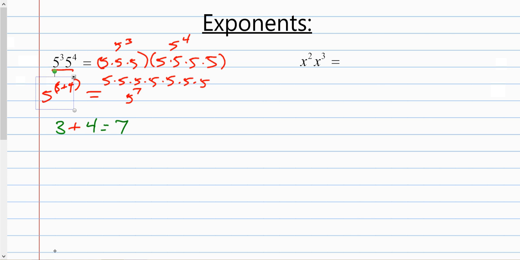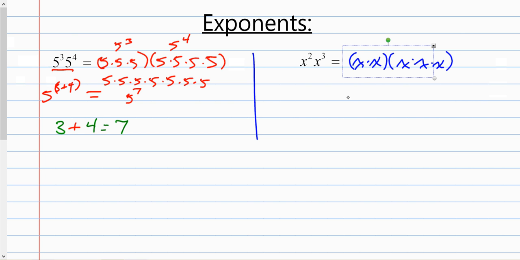And that's what gives us 5 to the 7th. Similarly, if I'm dealing with variables instead of numbers, x squared times x to the 3rd. Here's my x squared. Here's my x to the 3rd. When all is said and done, I have x to the 5th there, which is the same as x to the 2 plus 3.